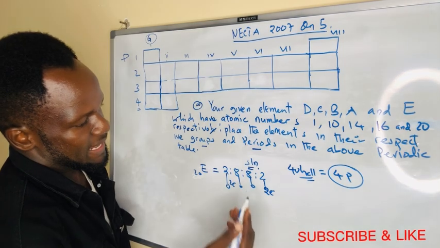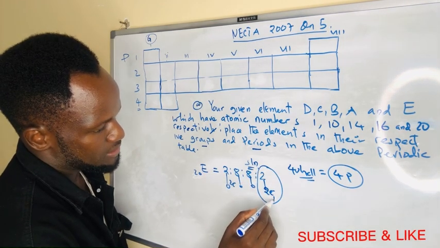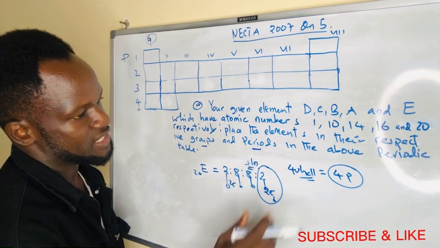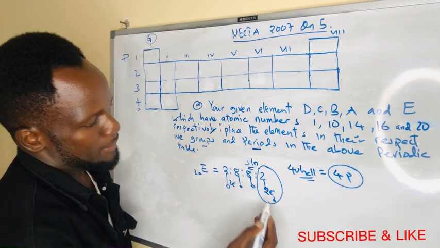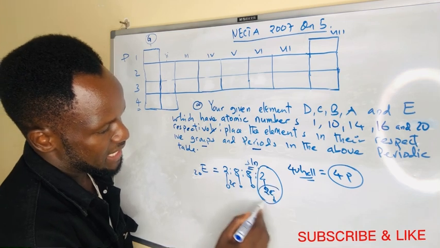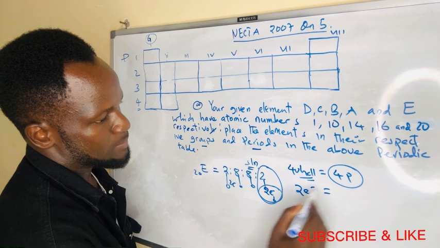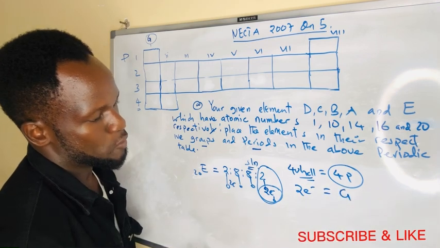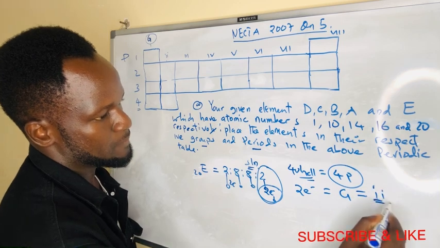The number of electrons present in the outermost shell determines the group of a given element. Because the outermost shell carries 2 electrons, it is group number 2.